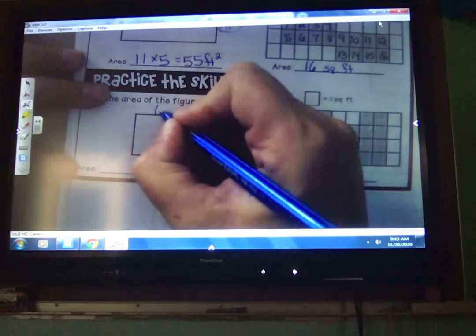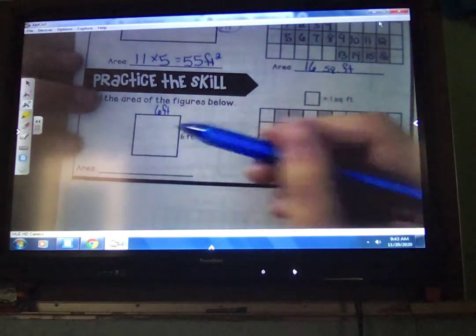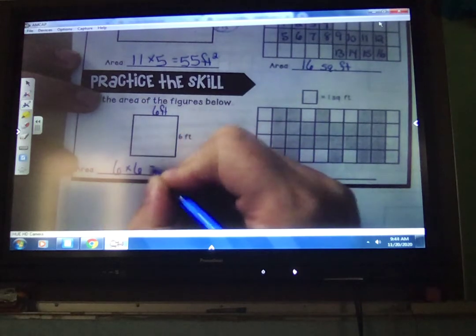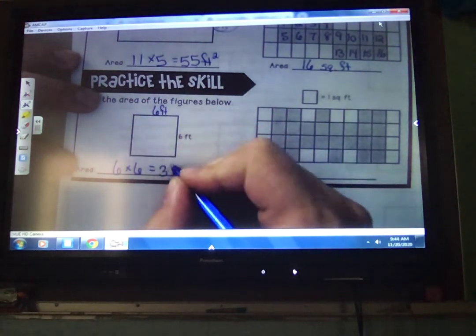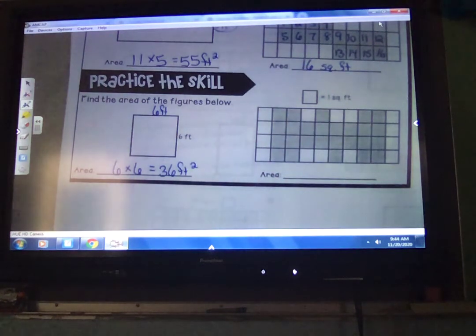This one would also be 6 feet because it's a square. Every side is the same. So our length is 6. Our width has to be the same. And 6 times 6 is 36 feet squared or square feet. And I'm going to put a little floating 2. That stands for square. Length times width. You take 2 numbers for area.